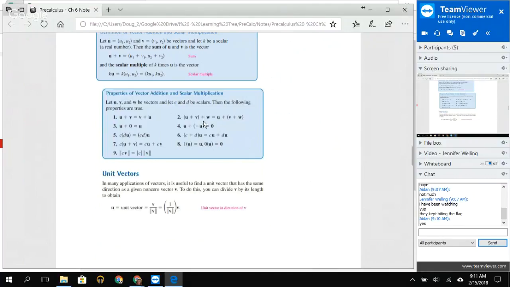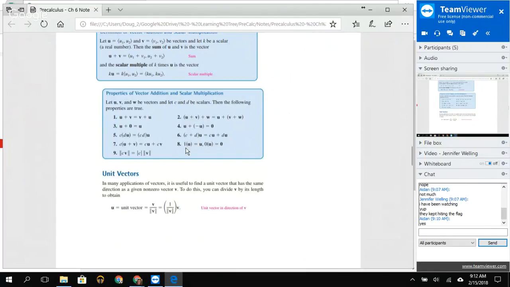Over here, I should have been doing this in order. Number 2, what is this? The associative property. If you have U plus V in parentheses plus W, then you can rework the way you're adding. If you have vector U plus negative vector U, you get 0. This is the reverse of the distributive property that we talked about.